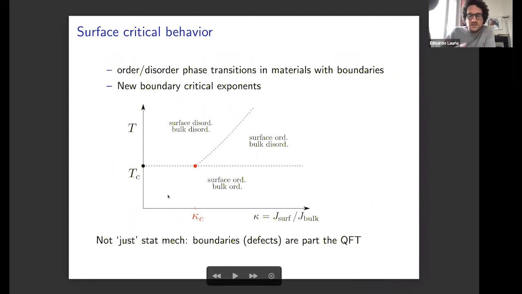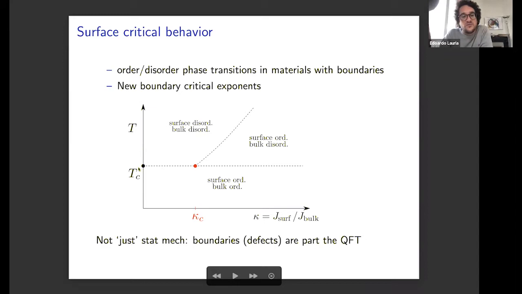This in turn reflects in a new kind of phase diagram for such a material. This is the prototypical phase diagram of, let's say, the 3D Ising model with a boundary. The diagram is very different from what you expect for the Ising model without the boundary, at zero external magnetic field.